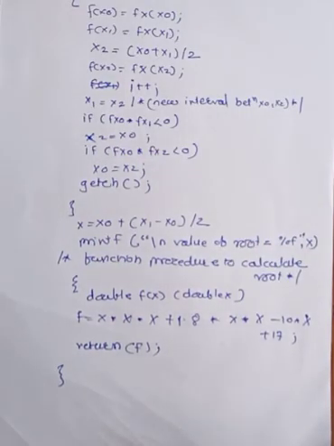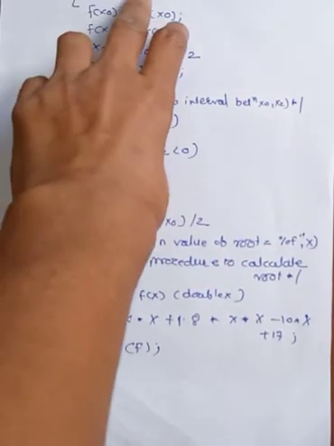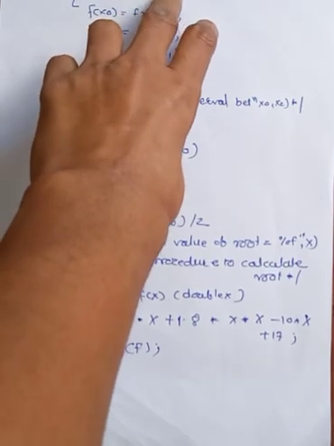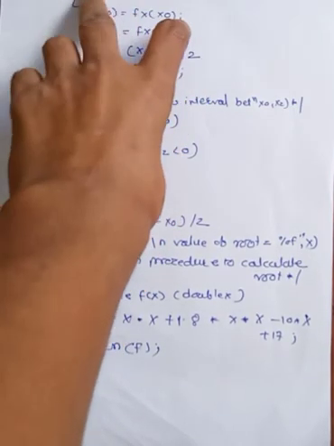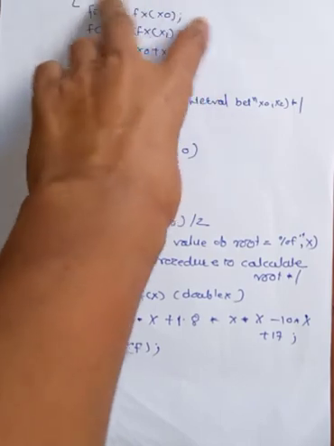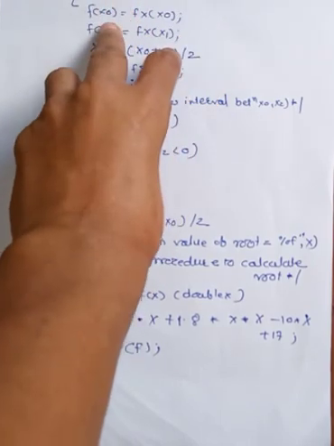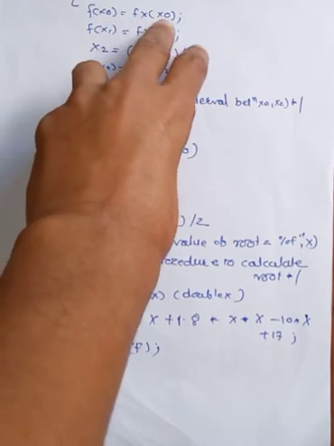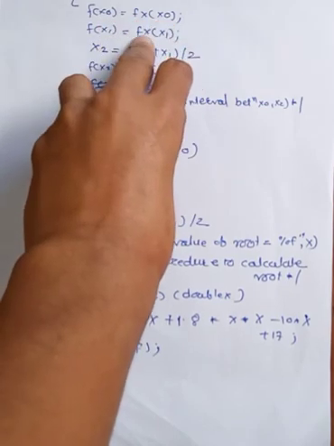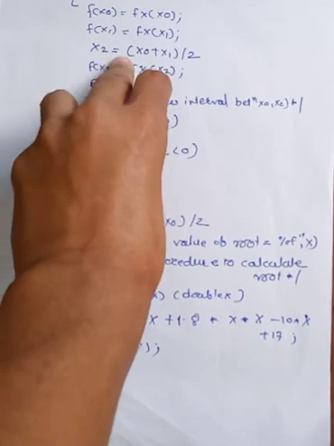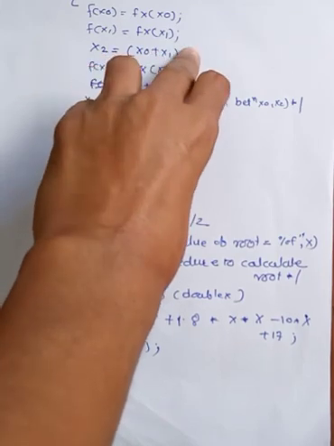Okay, now let us move. While i is less than n, so this is the condition which is given here with the help of the while statement. f of x0 is equal to f of x0, f of x1 is equal to f of x1, x2 is equal to x0 plus x1 divided by 2.